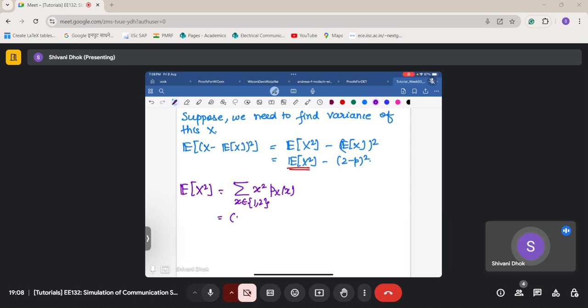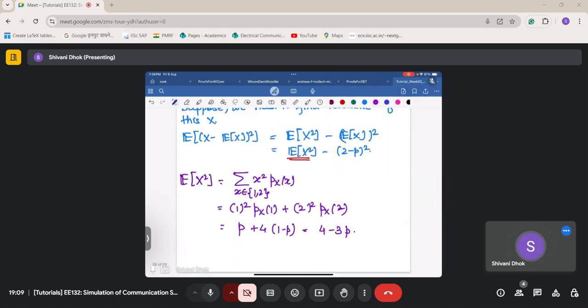So then we have for x equal to 1, px of 1 plus 2 square into px of 2, that is equal to p plus 4 into 1 minus p, which comes out to be equal to 4 minus 3p.